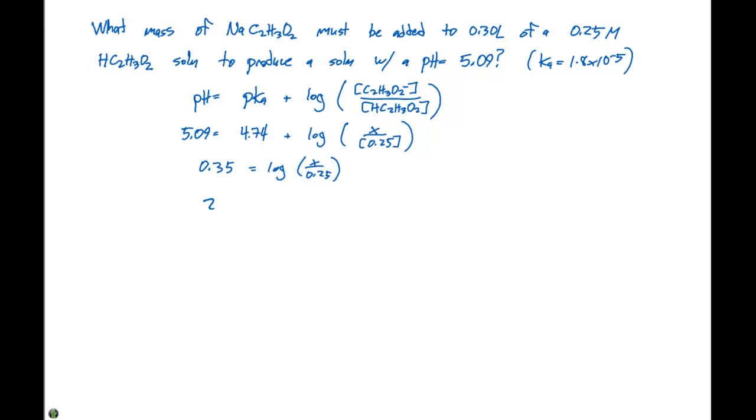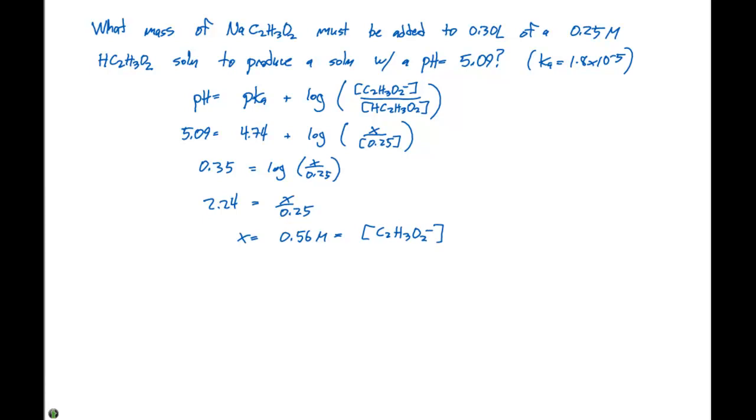That means 2.24 equals X divided by 0.25, and X is 0.56 molar, which equals the concentration of C2H3O2 minus, or the acetate ion.